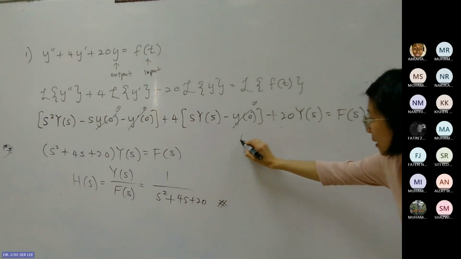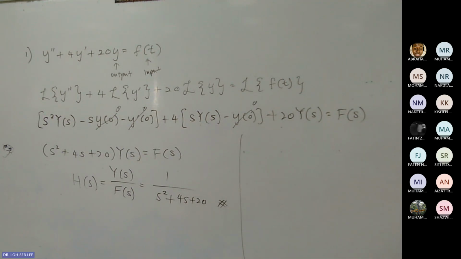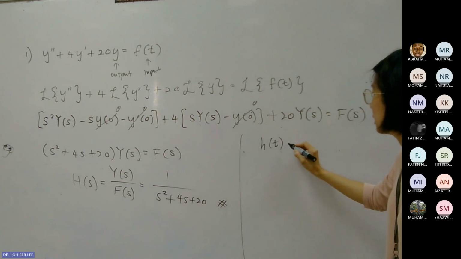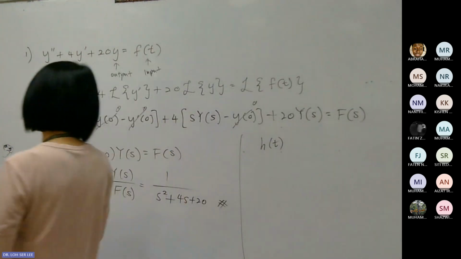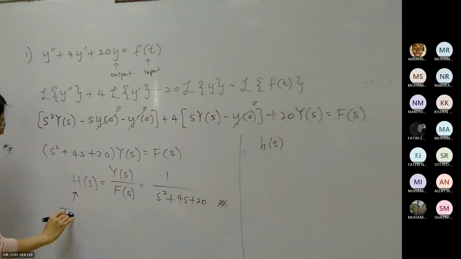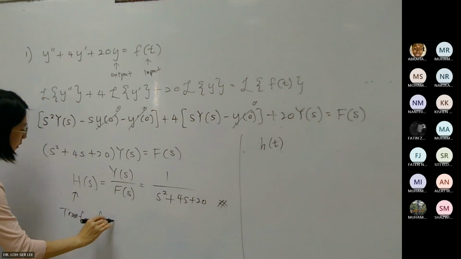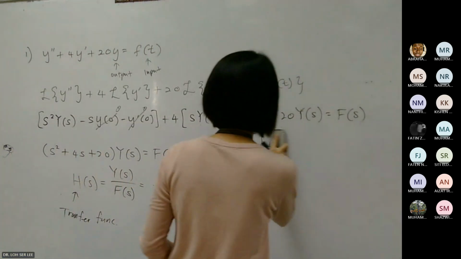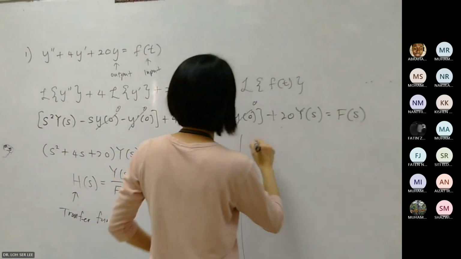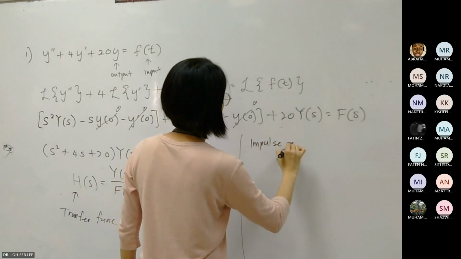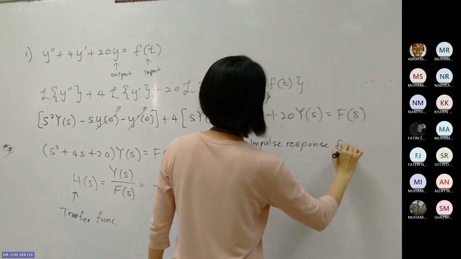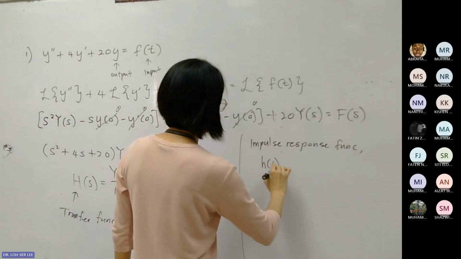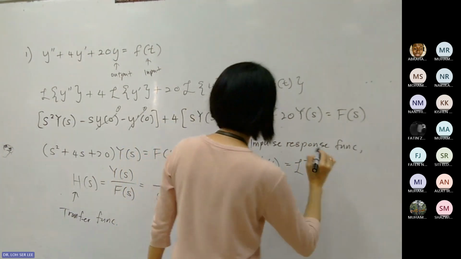Next, to get the impulse response function, we have to inverse Laplace the transfer function. The h(t), the impulse response function, lowercase h with t.